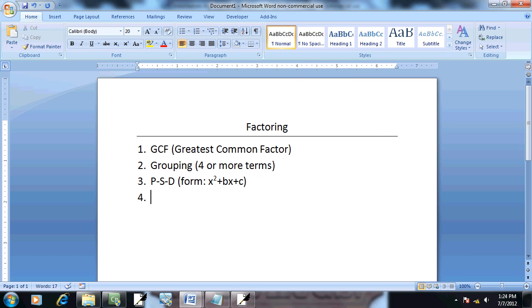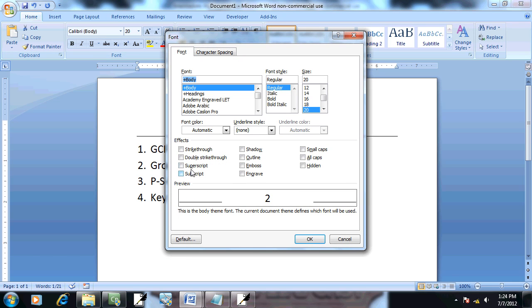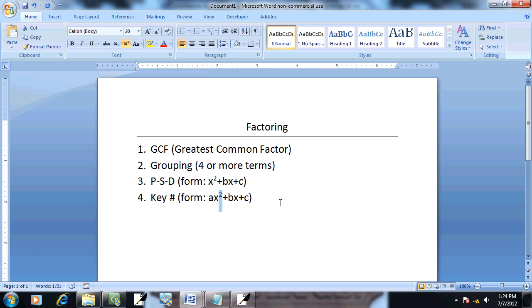The fourth one is key number, and that's when you got the form ax squared plus bx plus c. And then the fifth method is the difference of two squares, and this is when you got two terms with a minus between them.